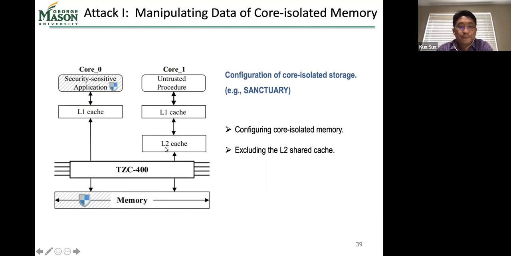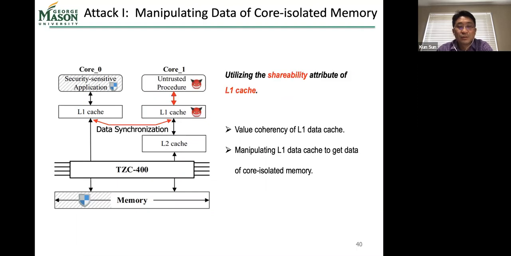But here we figured out that they miss one critical attribute of the level 1 cache, called shareability. Shareability controls the synchronization of the level 1 cache. By default, all ARM processors enable this shareability attribute.